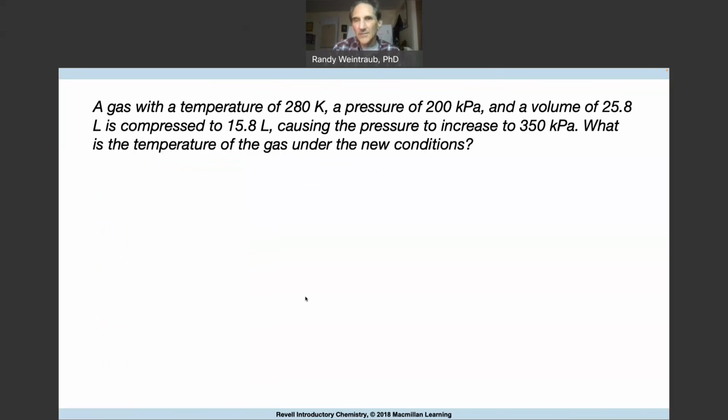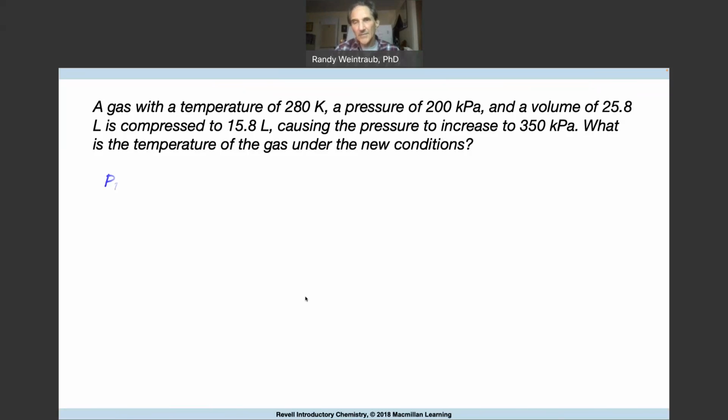And here's another example. A gas with a temperature of 280 degrees Kelvin and a pressure of 200 kilopascal and a volume of 25.8 liters is compressed to 15.8 liters, causing the pressure to increase to 350 kilopascal. What is the temperature of the gas under the new conditions?